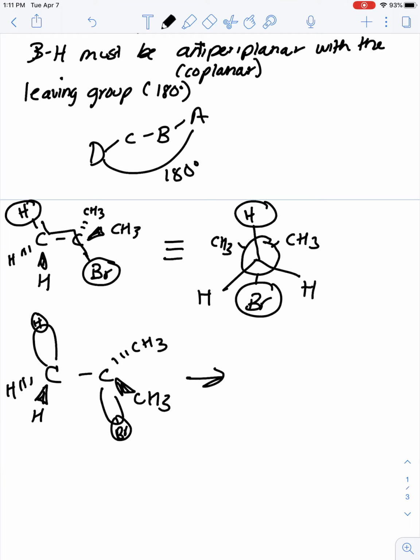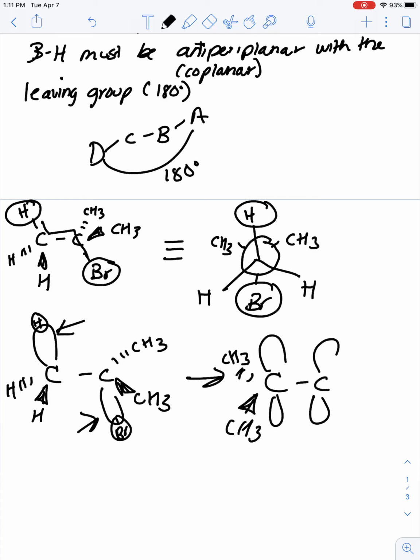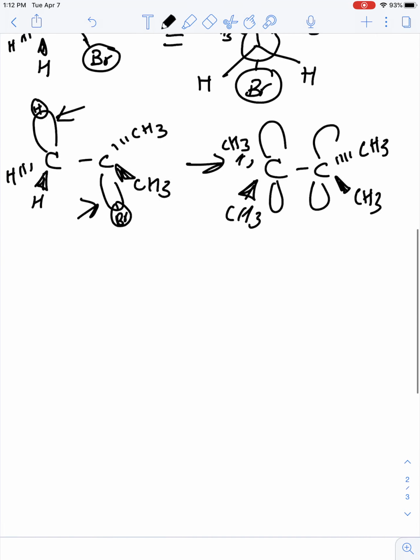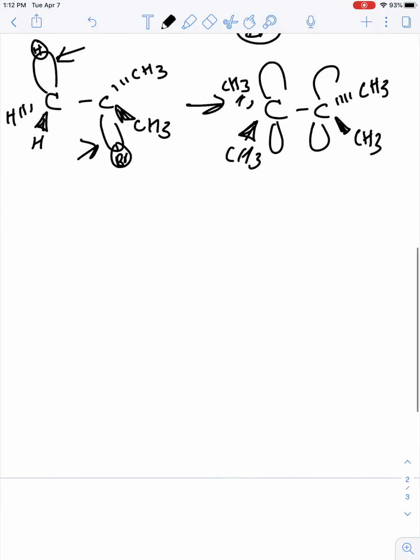So again, when this hydrogen here is lost and this bromine here leaves, what happens is that puts our pi orbitals parallel to each other. So again, in order for that pi bond to form, they have to be parallel to each other. And this is the main reason, or really the only reason, why they have to be 180 degrees from each other in order to have the E2 product formed.